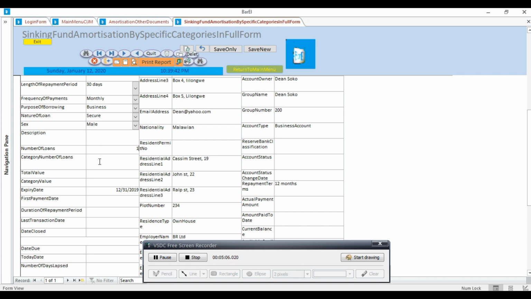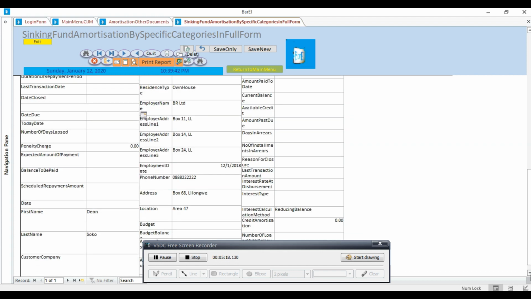There's a number of loans is one category. Number of loans. Let us say the date due for this loan is 31 January.